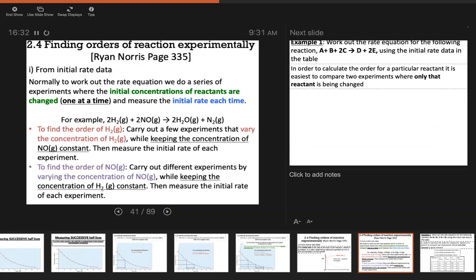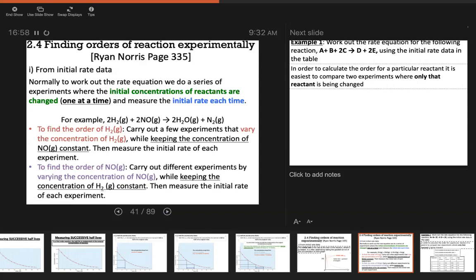Now, if you want to find the order of nitrogen monoxide, since that's your second reactant, same thing applies. You change the concentration of nitrogen monoxide only. This time, you keep the concentration of hydrogen constant, okay? Same procedure. You start with one experiment first.